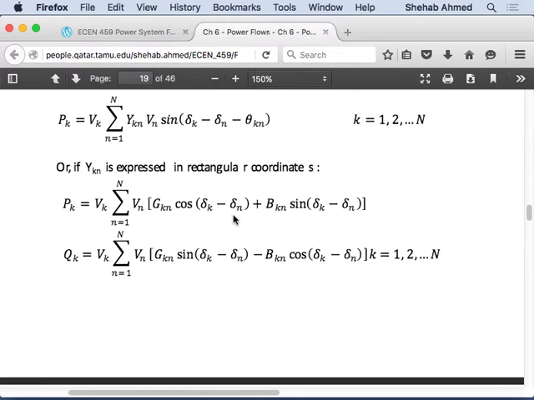So the angle at bus 1 with respect to 0 is the angle at bus 1. The angle at bus 2 with respect to 0 is the angle at bus 2. So if we have one of them equal to 0 all the time, meaning the reference, then the angle differences are actually like angles at that specific bus. So a good estimate to start with is, as we said, voltage equal to 1, angles equal to 0.